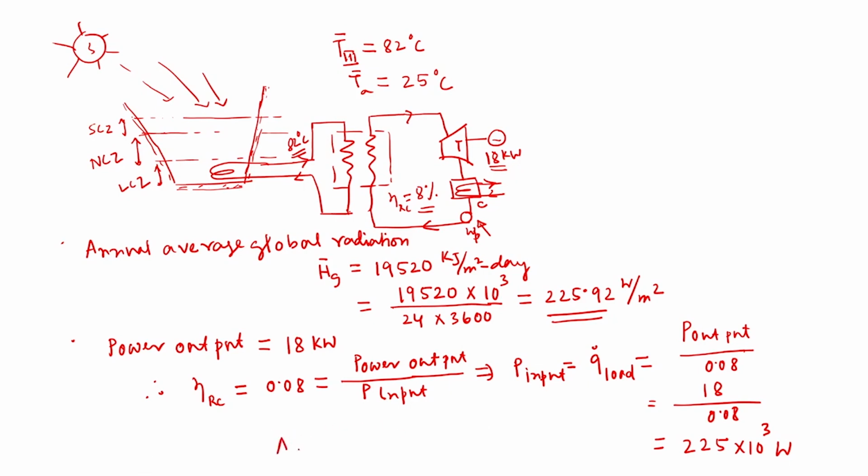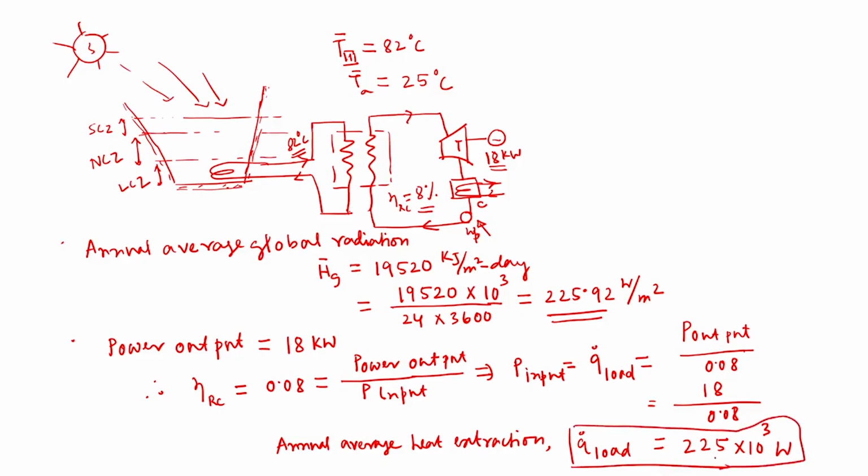So, we can represent this like Q load. Okay. So, Q load is known now, and Hg in watt per meter square is also known to us.